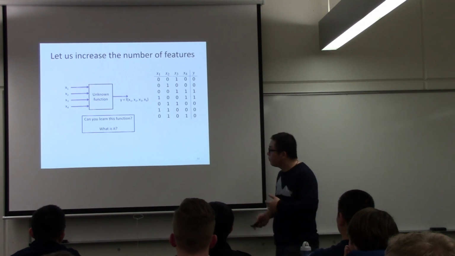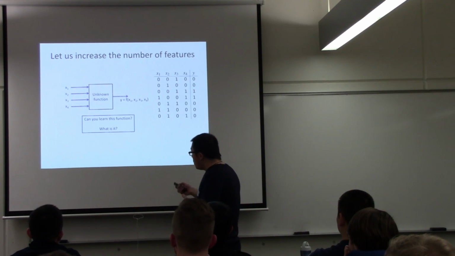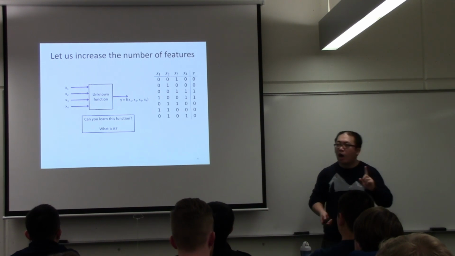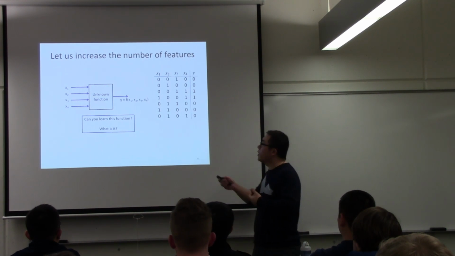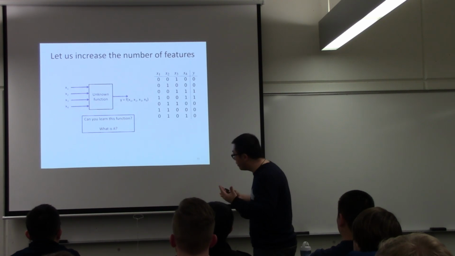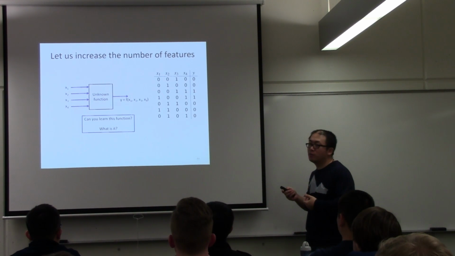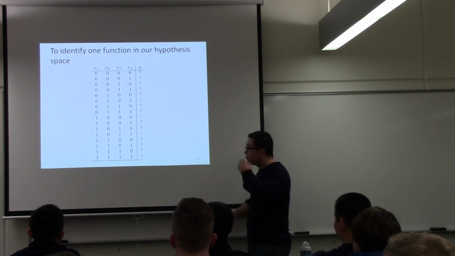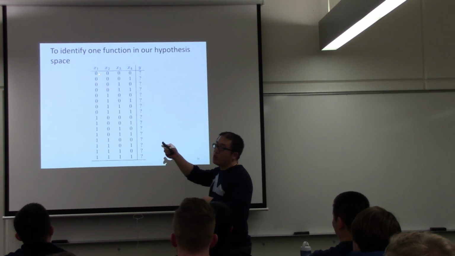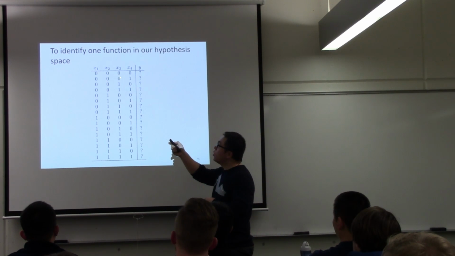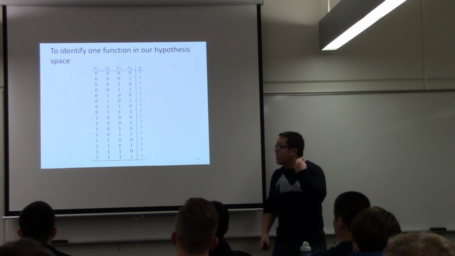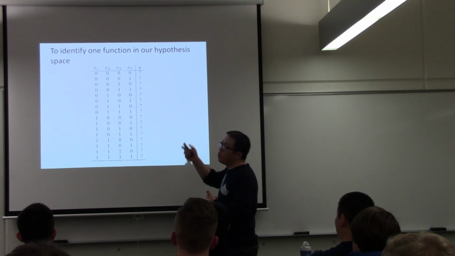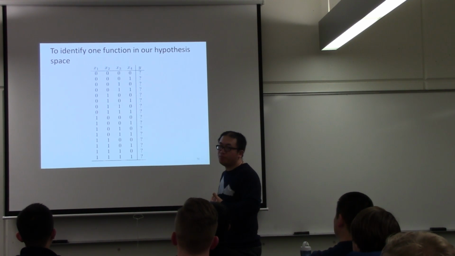To think of it, let us first consider just determining one function. How many function values will we need to identify this Boolean function with 4 input variables? 16, right? Each input has 2 choices. We have 4 binary inputs, so we have 16 combinations of input values, right? For each combination, we should determine 1 function value.